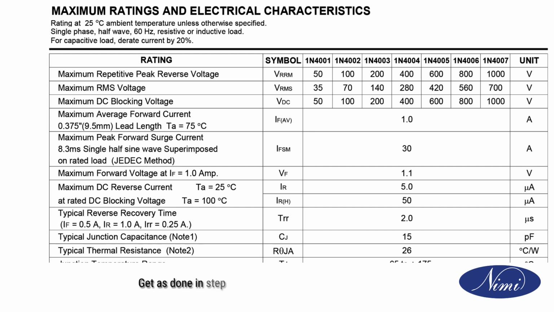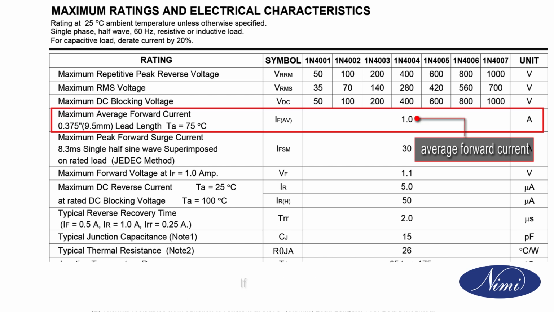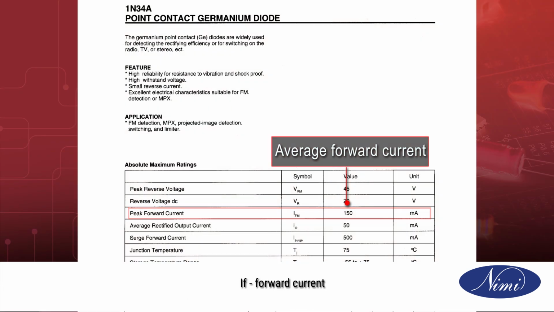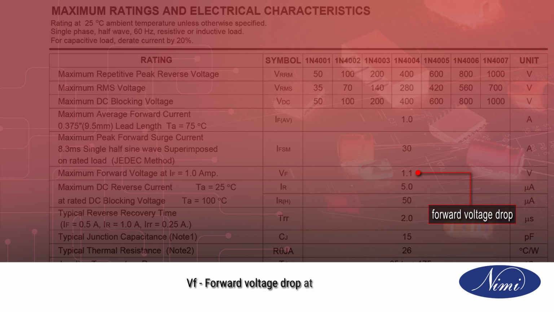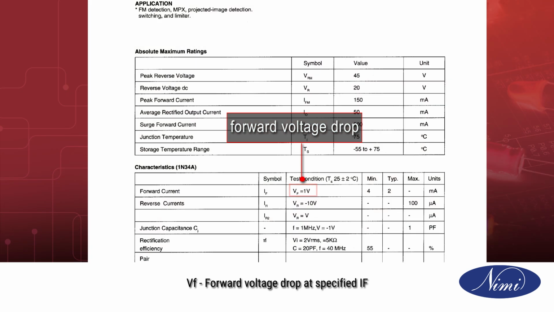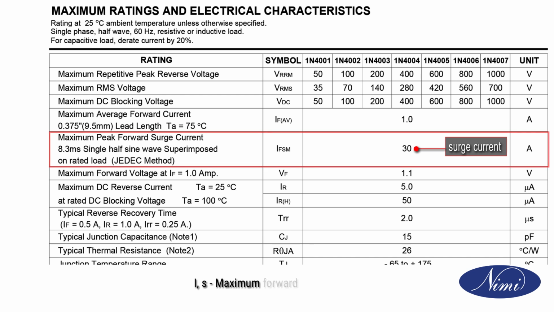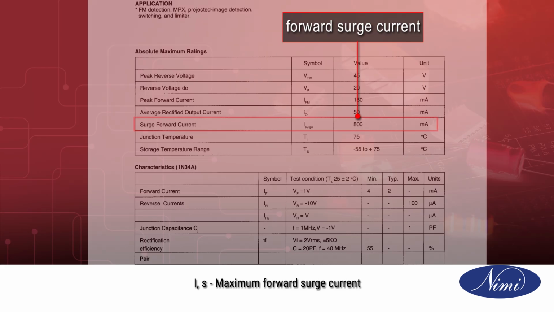Proceed as done in step 4 and record the following specifications of the referred diode from the data book. IF, maximum average forward current. VF, forward voltage drop at specified IF. IS, maximum forward surge current.